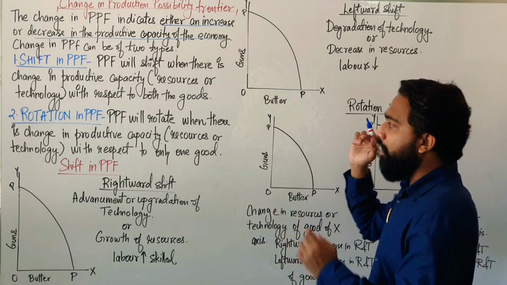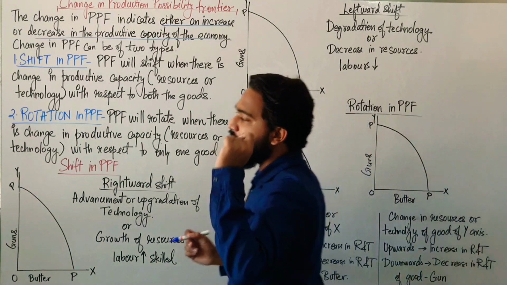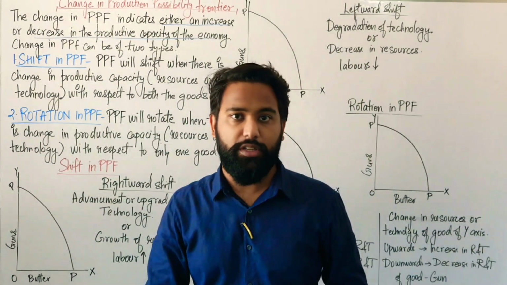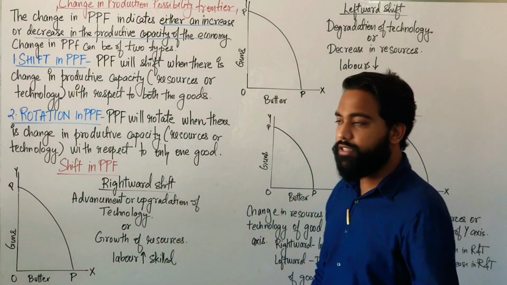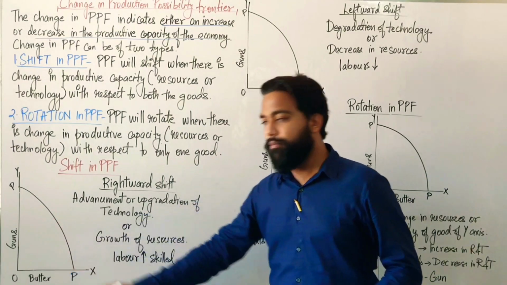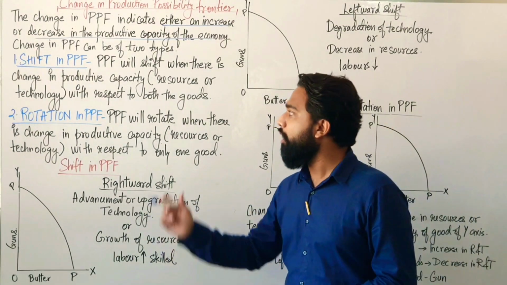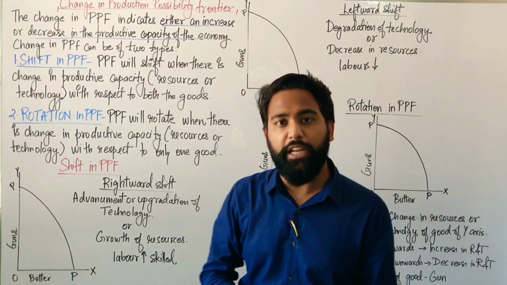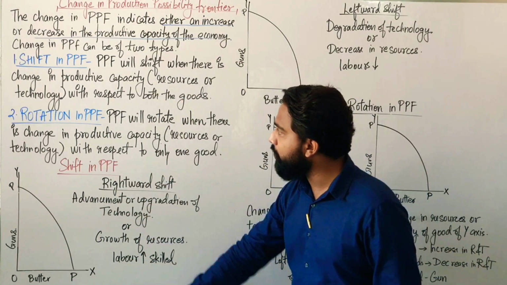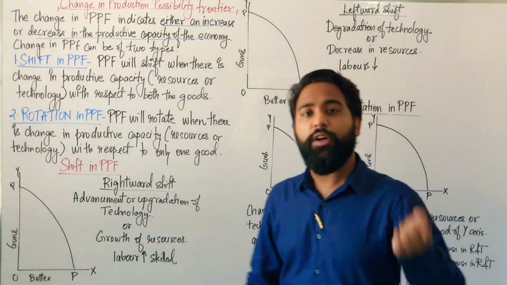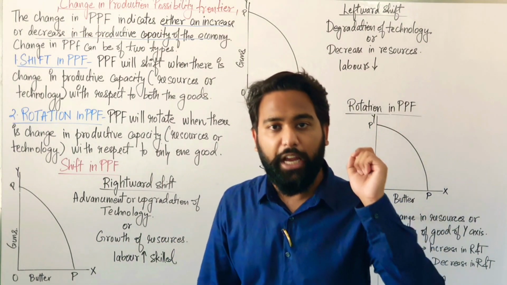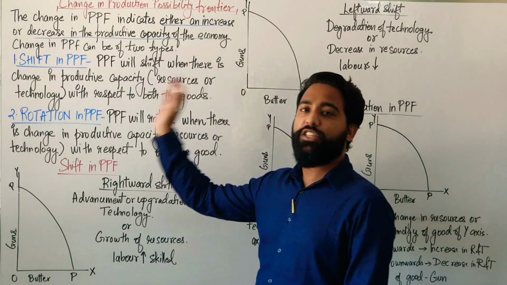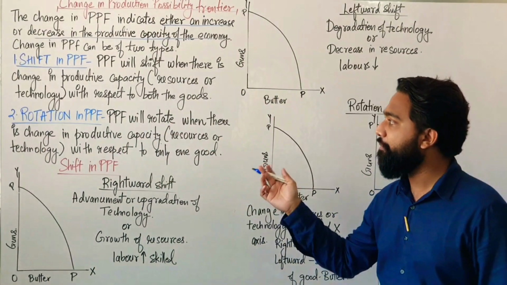Now, if there is a change in productive capacity in both the goods, in PPF we study two goods, guns, butter or any two goods. If there is a change, whether increase or decrease, in the resources or the technology of both the goods, only then there will be a shift in PPF.